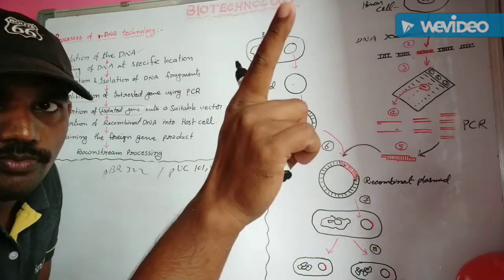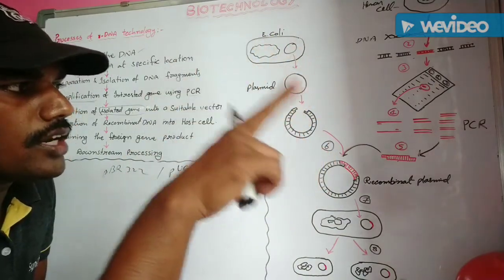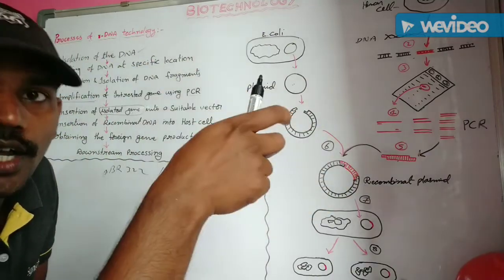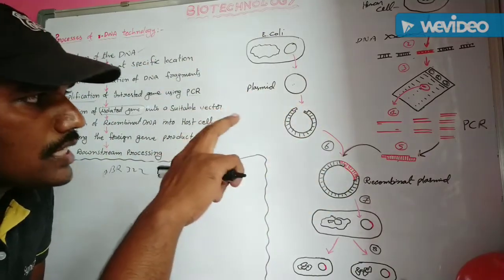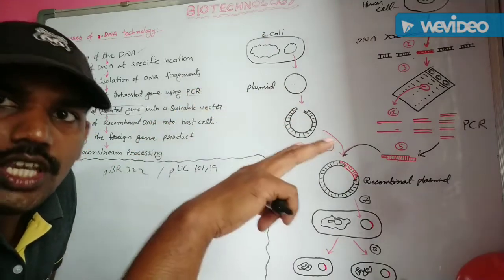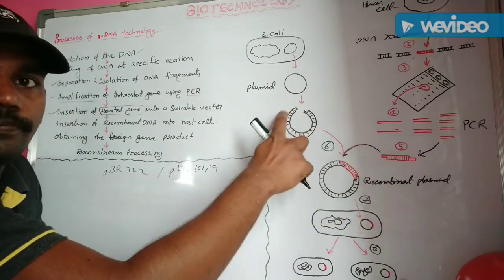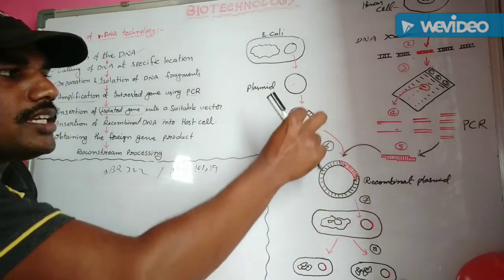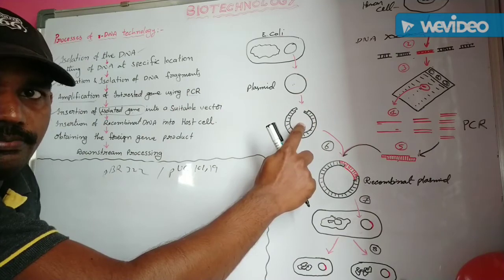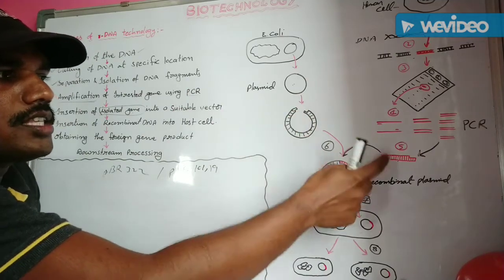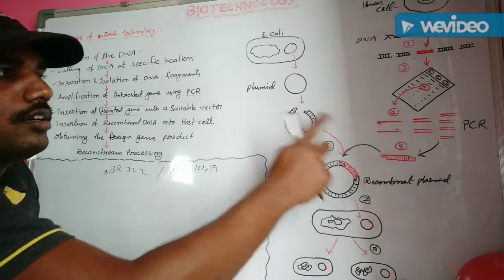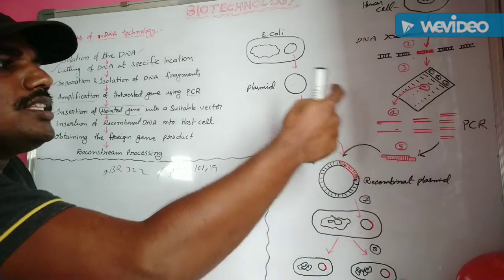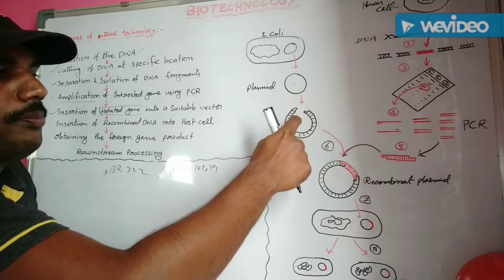By using the same restriction enzyme on the plasmid and isolated DNA, the same sticky ends are formed in both. Because of this, the isolated gene is easily inserted in the plasmid, because the sticky ends are the same in both.